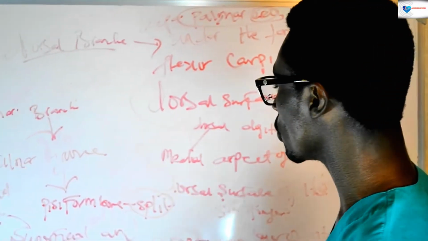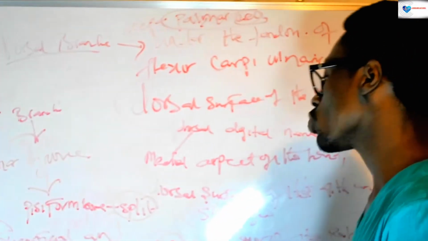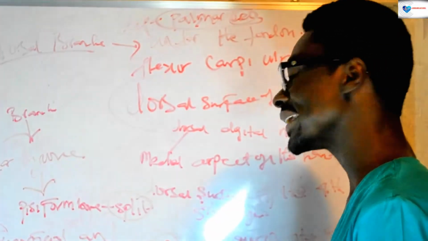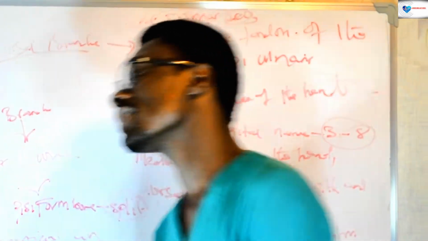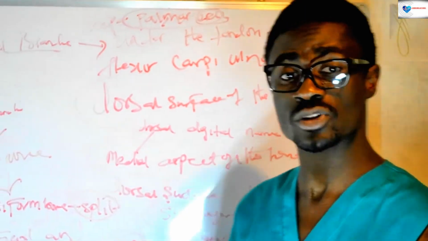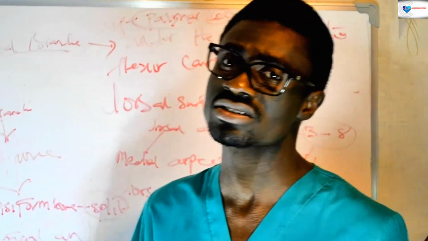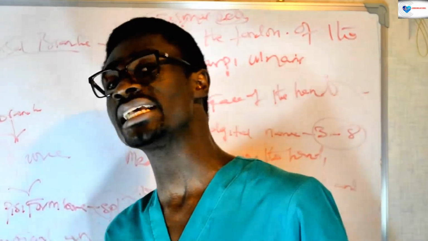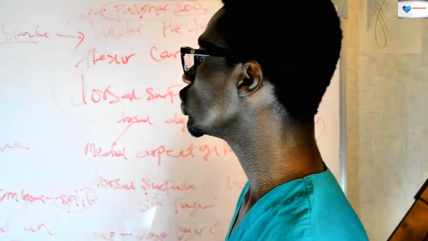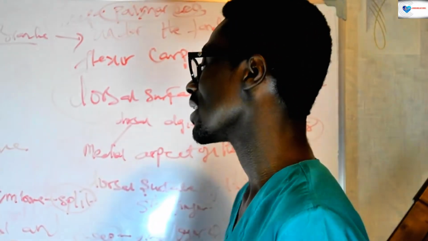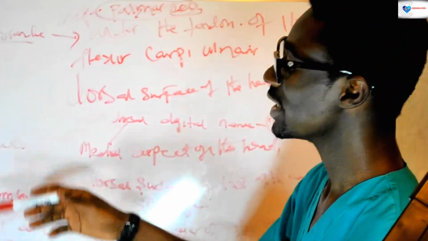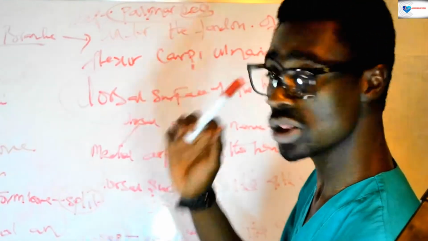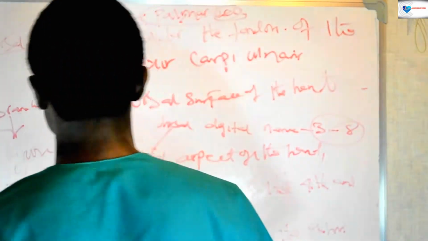Okay, now talking about the superficial branch. This superficial branch, as we know, divides into the proper palmar digital nerve. Understand? And this proper palmar digital nerve gives innervation to the hypothenar muscles. Your hypothenar muscles are innervated by the superficial branch of the palmar branch of the ulnar nerve, right? Exactly.